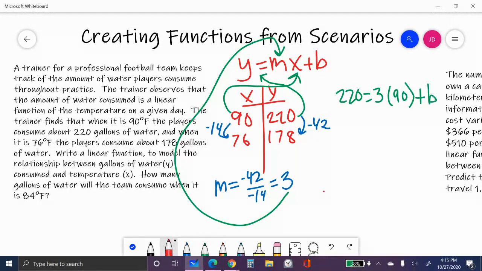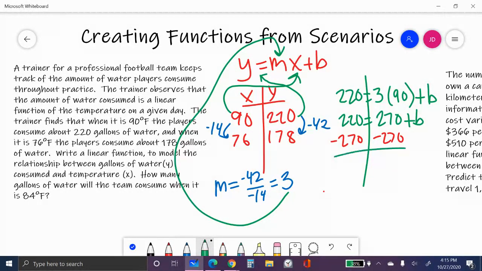And solve it. 3 times 90 is 270. When I subtract 270 from both sides, I get negative 50 is my b.